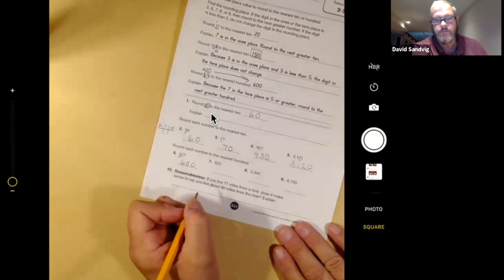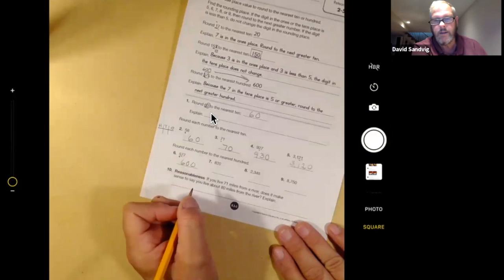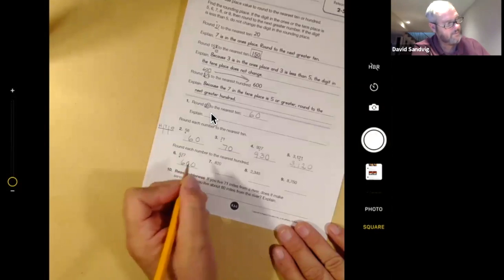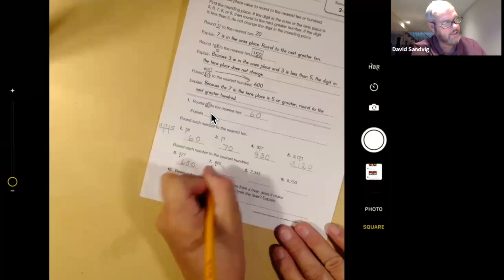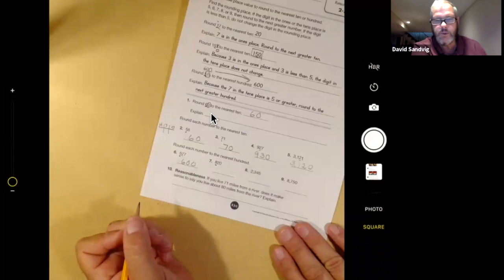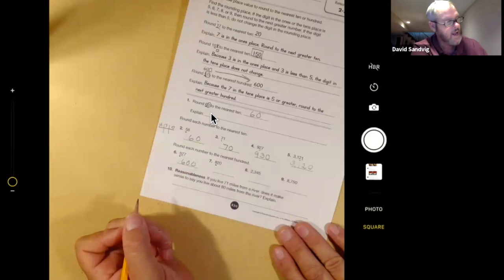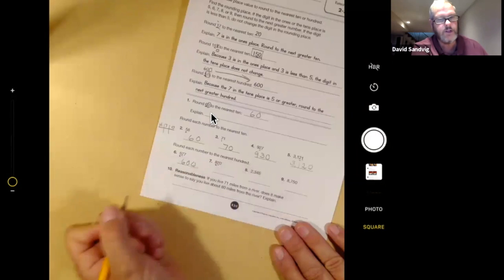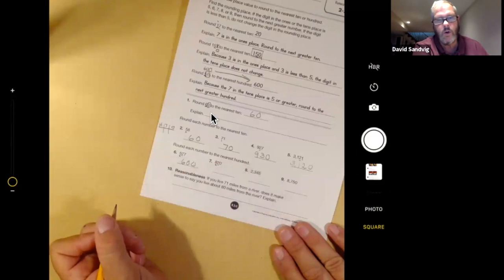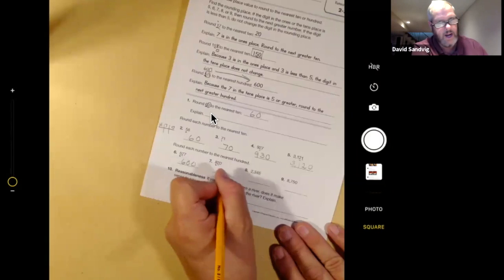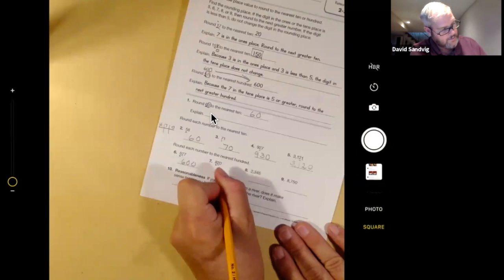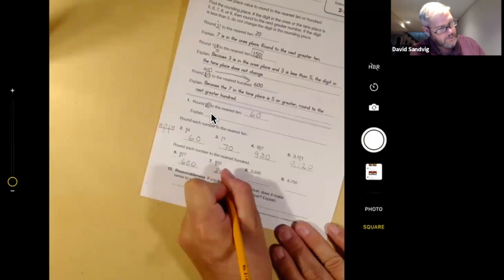Which number in 820 is in the 100 spot? You're correct, the 8. So we look at the number to its right, and it is 2. And the 2 is 4 or less, so the 8 gets to rest, and all numbers become 0.